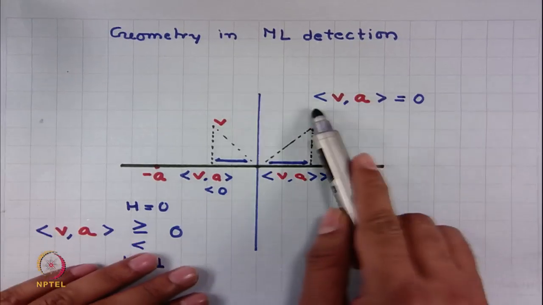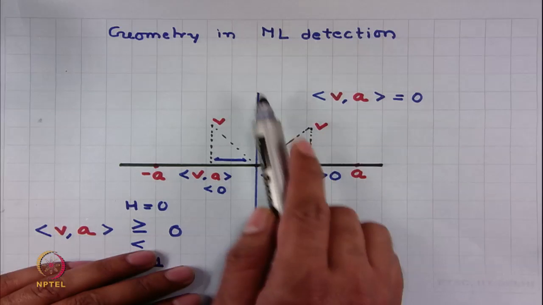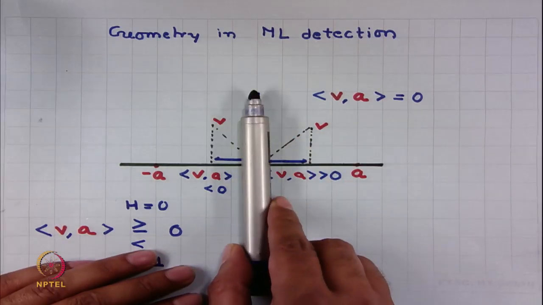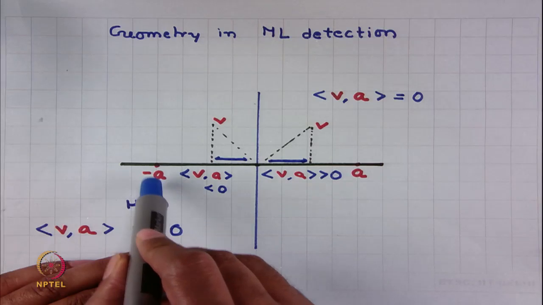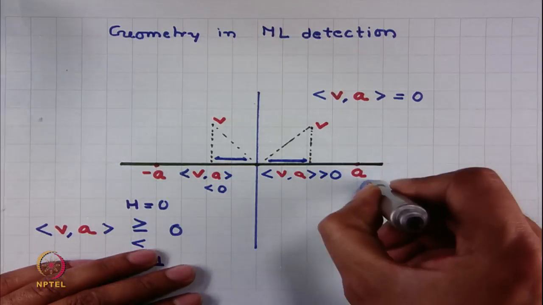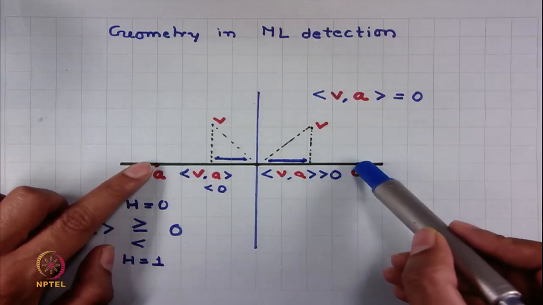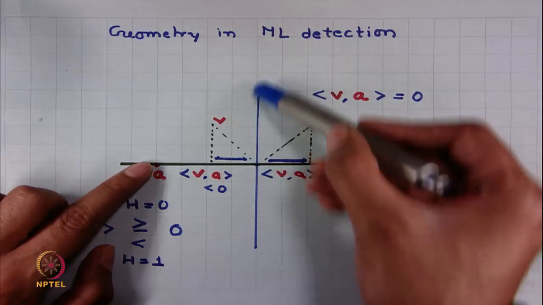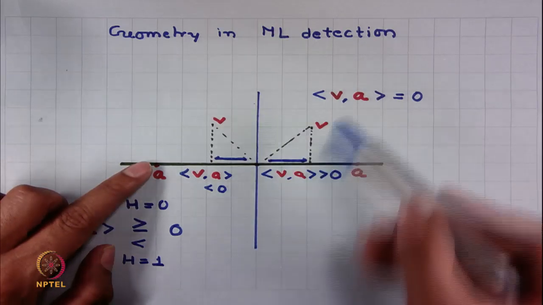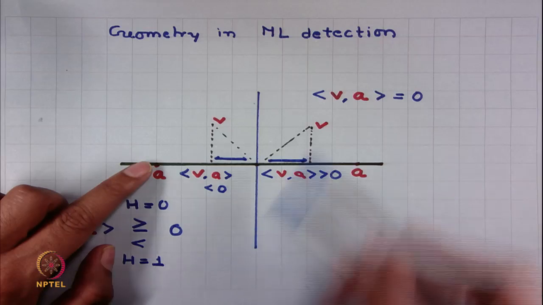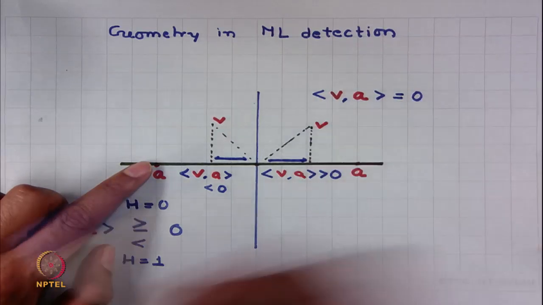So, we can draw this inner product of V with A, and this will be simply the perpendicular bisector to the vector connecting minus A and A. In simple terms, you just draw a line between minus A and A, you draw the perpendicular bisector, and this perpendicular bisector will denote the points for which inner product of V with A is 0.